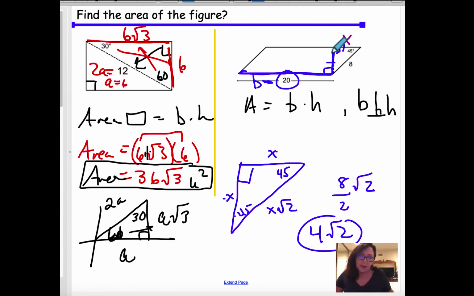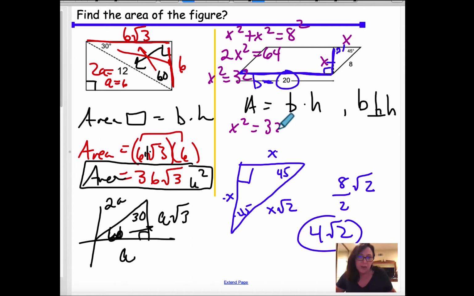But if you forget how to do the 45, 45, 90 special right triangle, you can always say, I don't know what that is, but I know it's the same as that. And I know that I can go x squared using Pythagorean theorem plus x squared is equal to my hypotenuse squared, which makes 2x squared equals 64. Divide by 2, I get x squared equals 32. And then I need to break down 32. Let me write it down here. x squared equals 32. Well, when I square root both sides, I get x equals the square root of 32.